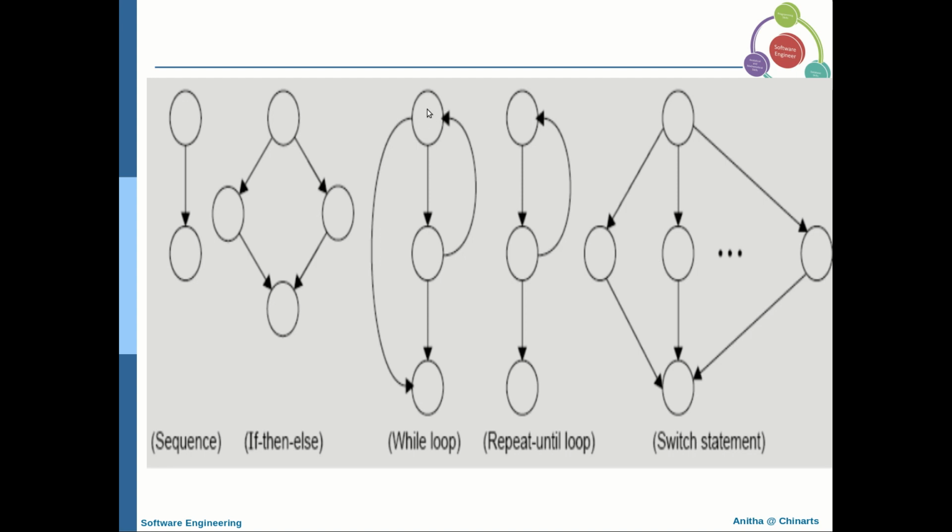If the condition is true, the block of statements will be executed, and it goes back to test the condition again. If the condition is true, again it executes these statements and goes back to test the condition. If the condition fails, it will not execute this block. It goes out of the while loop to the next statement.